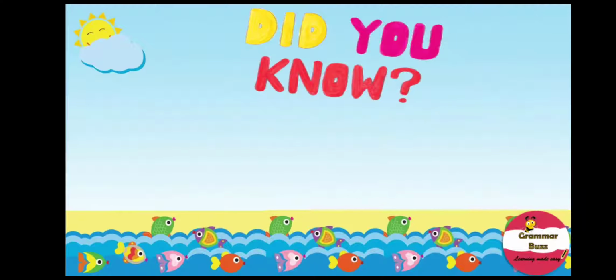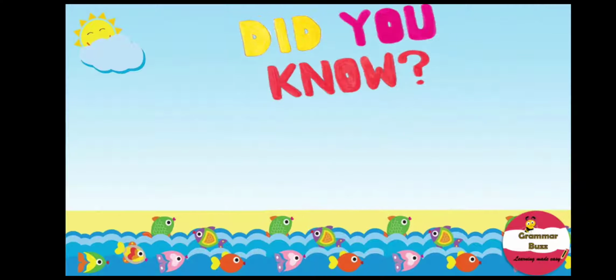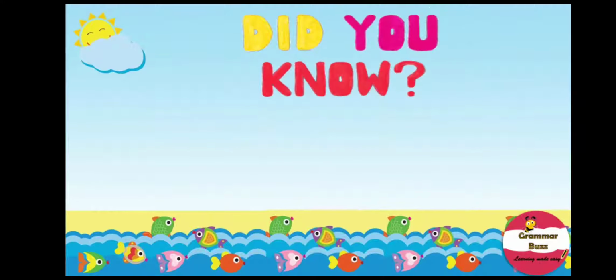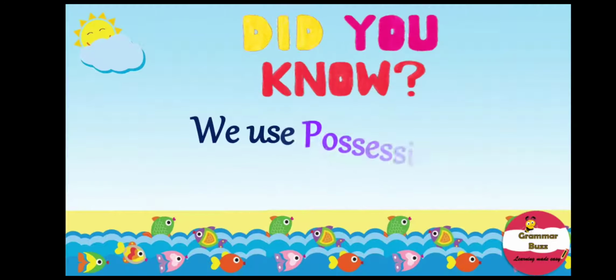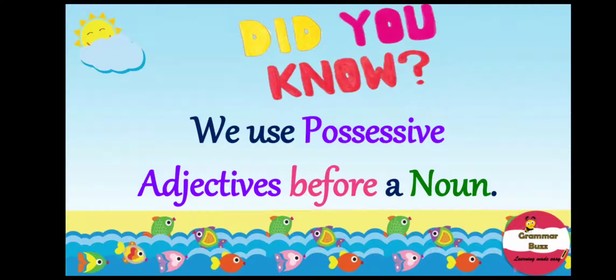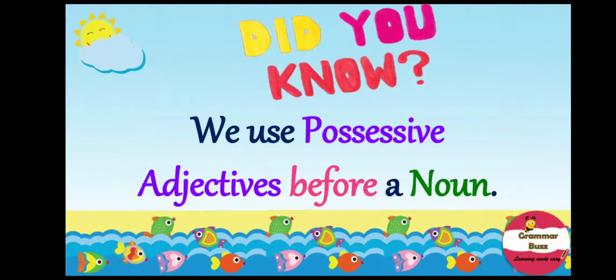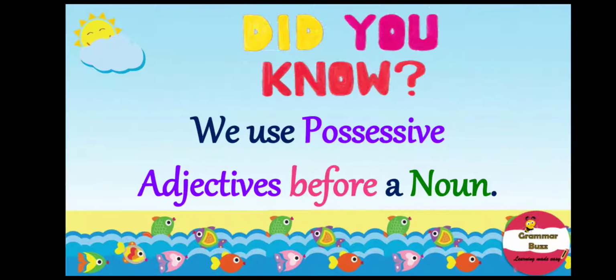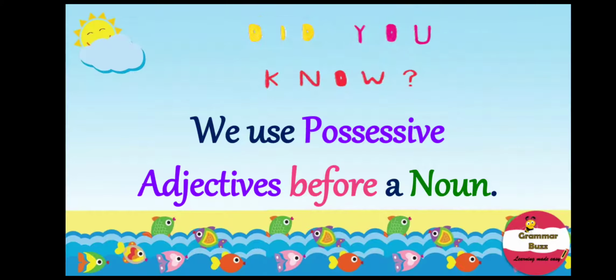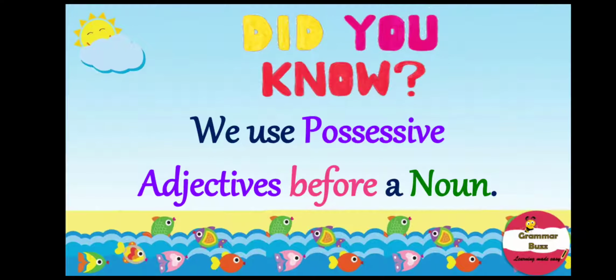Hey, aren't possessive adjectives easy to identify? Now, did you know we use possessive adjectives before a noun? Yes, we use possessive adjectives before a noun. Always remember that. Possessive adjectives always appear before a noun.